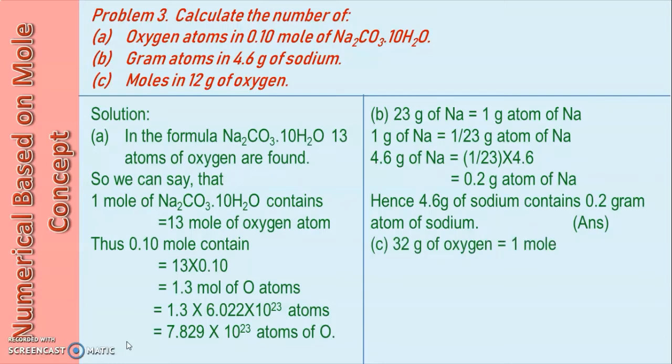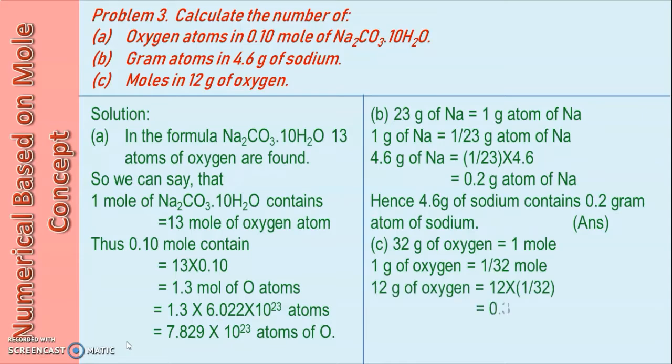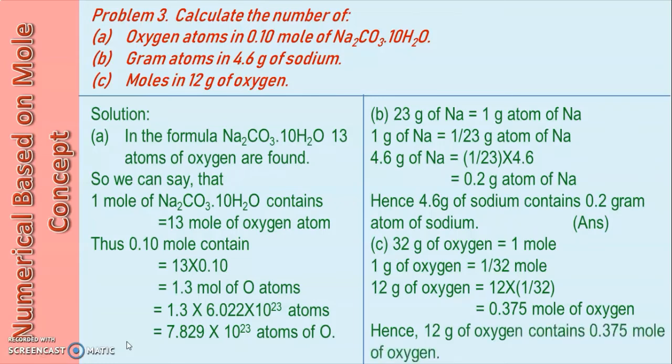So 32 gram of oxygen is equal to 1 mole. 1 gram of oxygen is equal to 1 by 32 mole. 12 gram of oxygen is equal to 12 into 1 by 32 mole, which you can calculate as 3 by 8 or 0.375 mole of oxygen. Hence the answer will be 12 gram of oxygen contains 0.375 mole of oxygen.